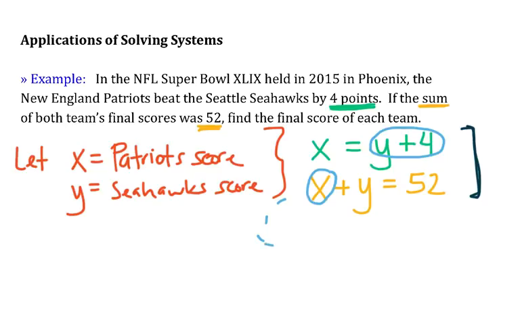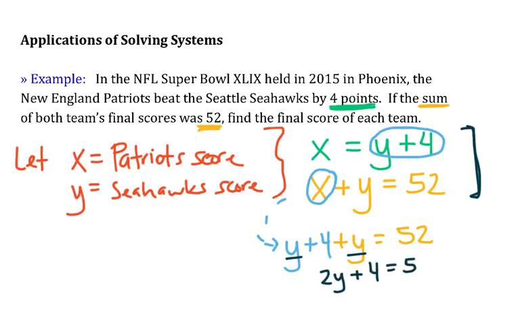When I make that substitution in our second equation, it will now read y plus 4 plus y is equal to 52. And this is something we can solve pretty easily. Collecting like terms, we have 2y plus 4 equaling 52.